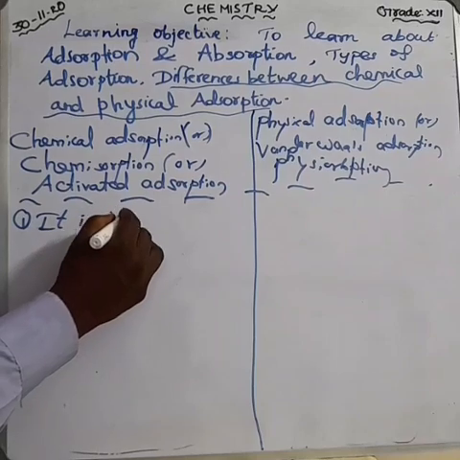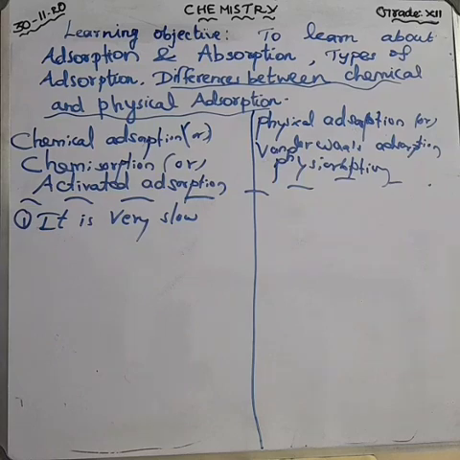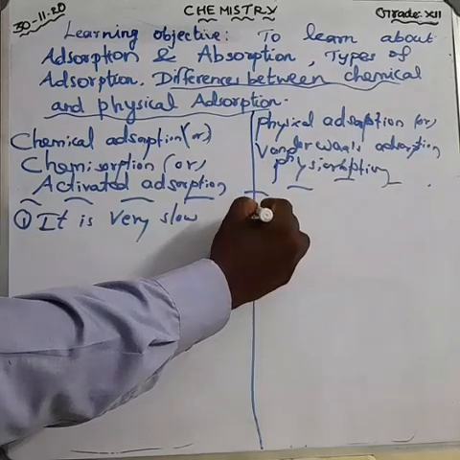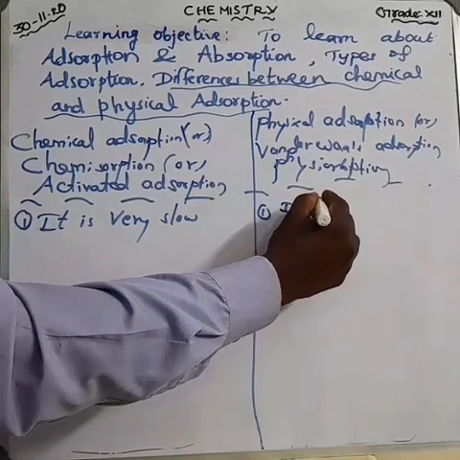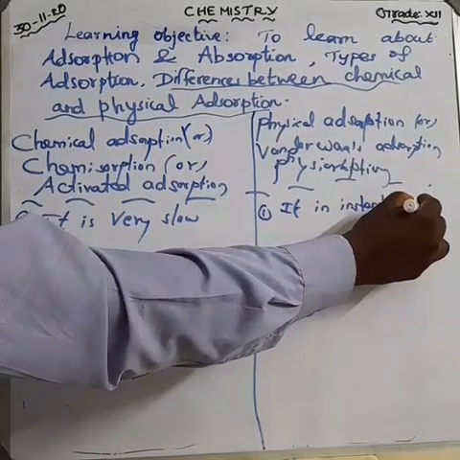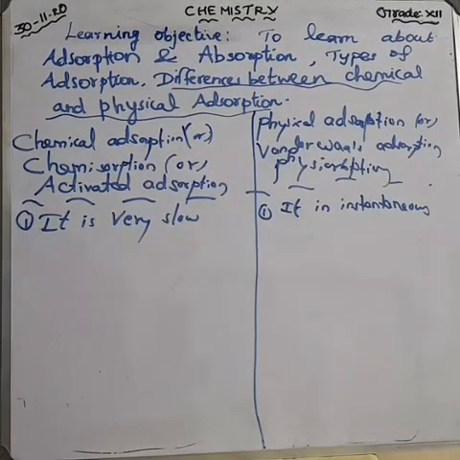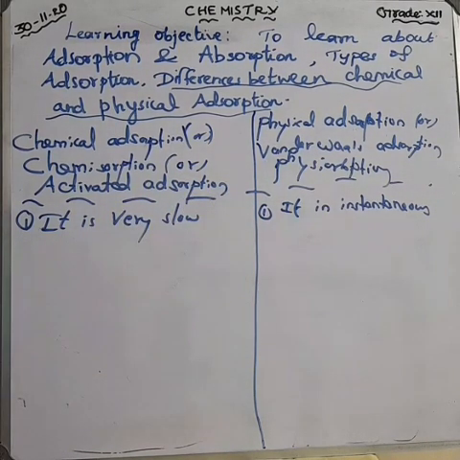Physical adsorption is instantaneous, which means immediate or quick. Physical adsorption is fast, whereas chemical adsorption is very slow.